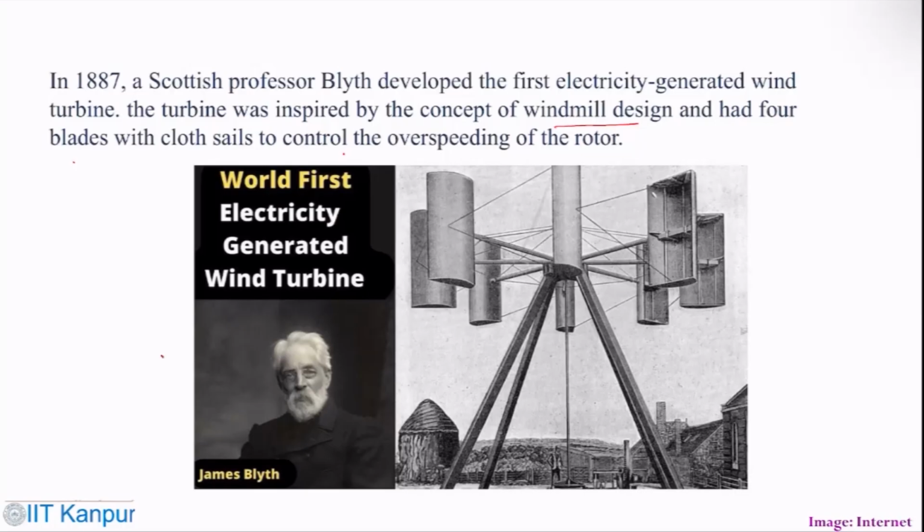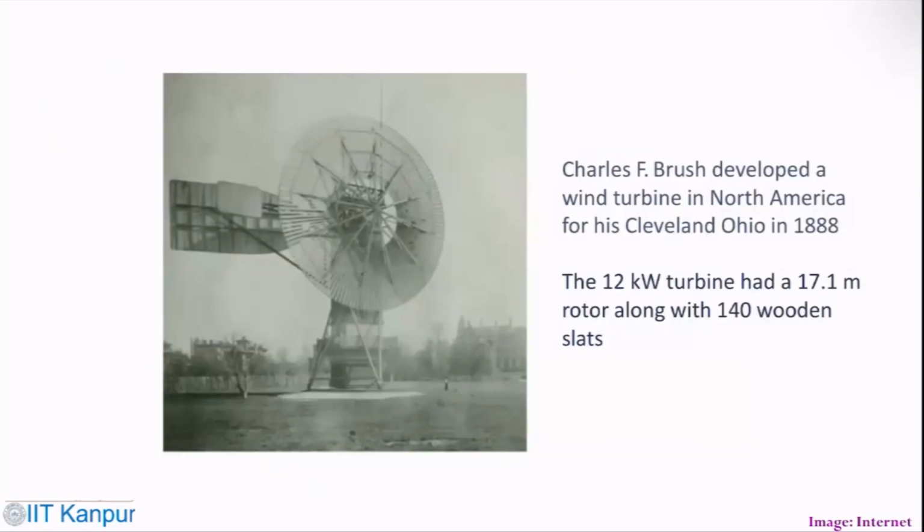This person is the one who first introduced the concept of using a rotating machine to convert wind into electricity. Again, these are all a continuation of the history of the horizontal axis wind turbine.